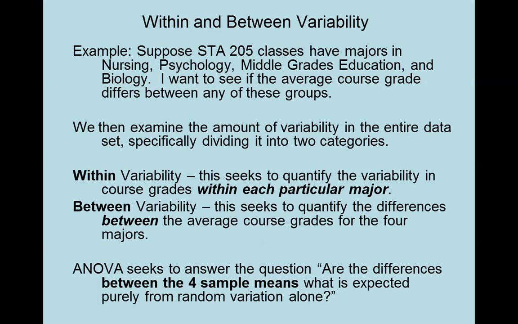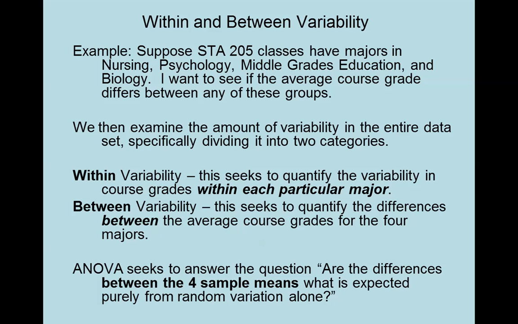Now, the between variability attempts to quantify the differences between the average course grades for the four majors. So how different are the mean for nursing, mean for psychology, mean for middle grades education, and mean for biology student grades? ANOVA seeks to answer the following question.